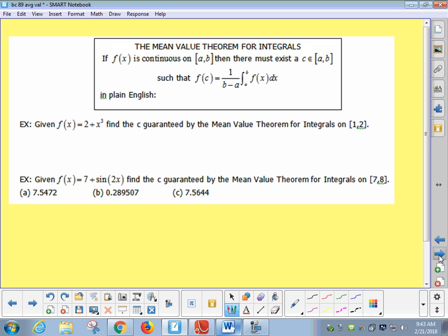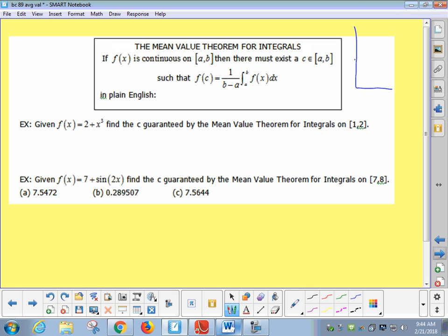Sometimes you don't want the average value. You want, where is that average value made? What point on the curve does that occur at? In that case, instead of just finding the average value, you're actually finding the x where the average value is made. Think of it like this.